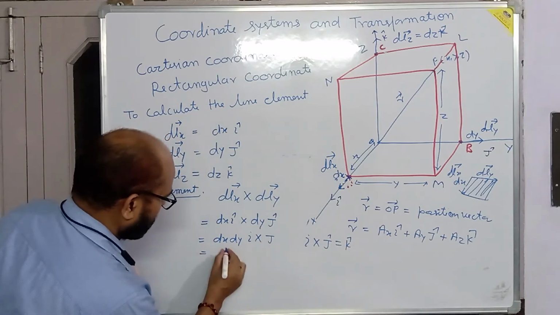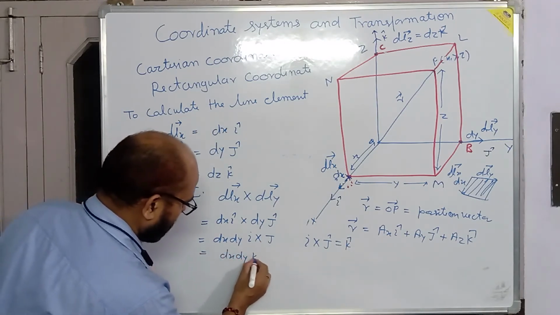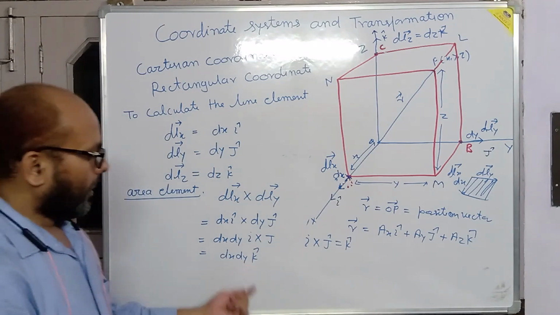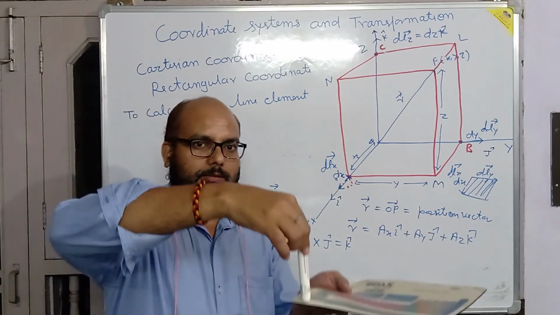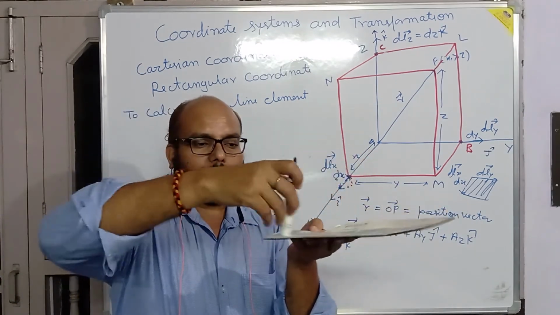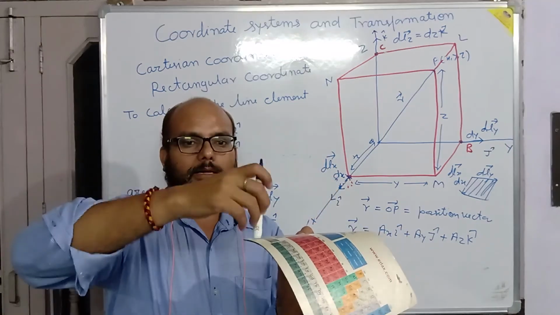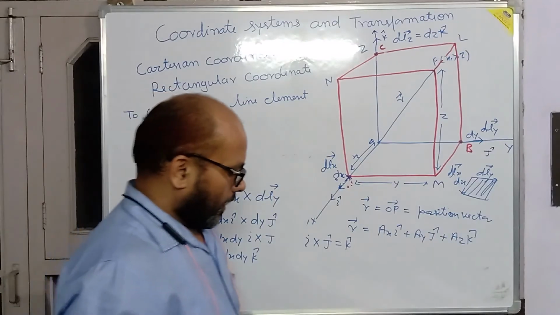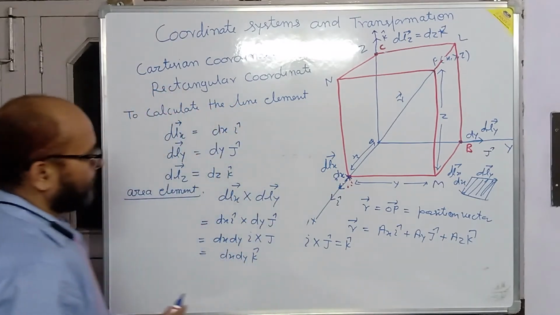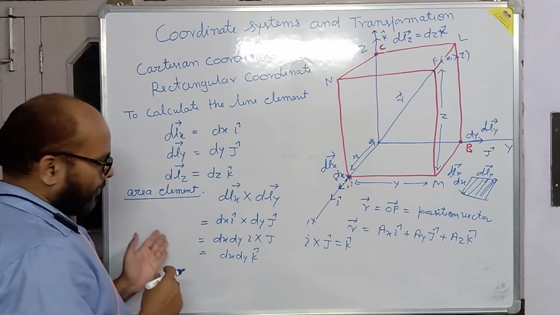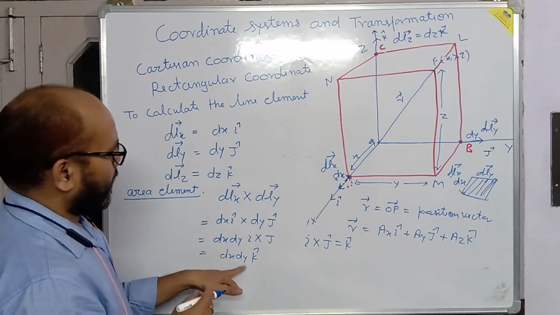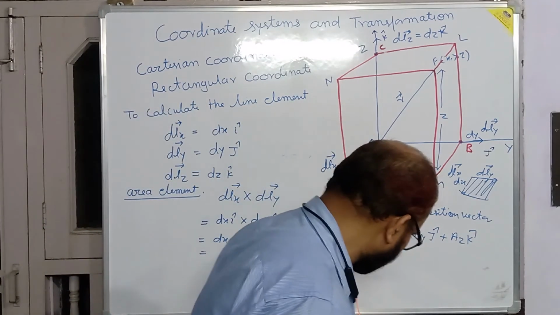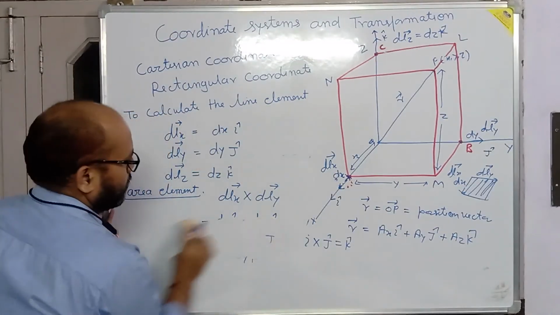So dx dy k cap. k cap represents the direction of the area element, along z. In the same way you can also calculate dy dz and dz dx. So it is clear.